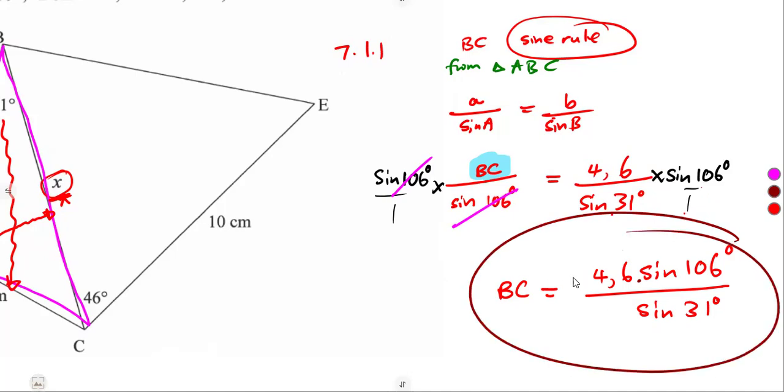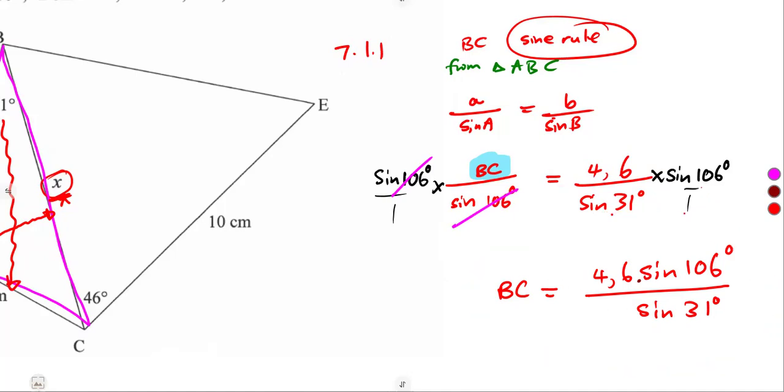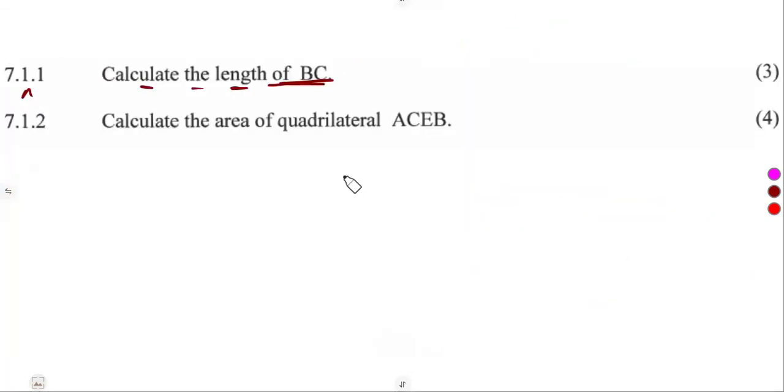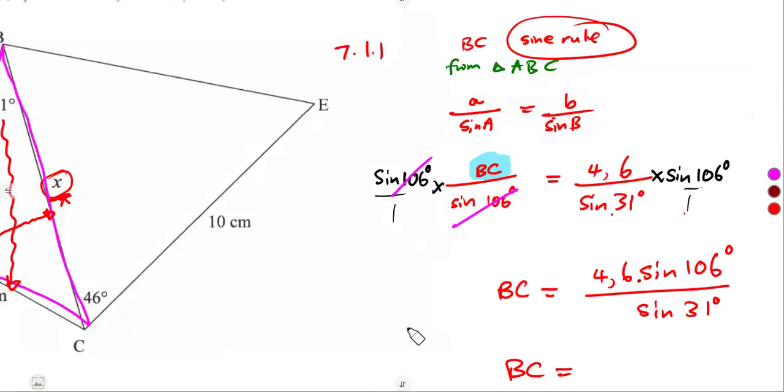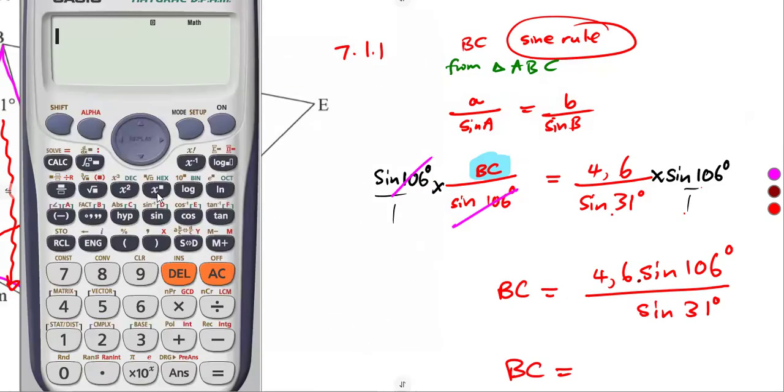So this can be simplified directly on our calculators. We are not told to give the answer to 2 decimal places or 3 decimal places in this case, so we follow the instruction given in the question paper. In this case, we are going to round off to 2 decimal places. Okay, let us take our calculators.